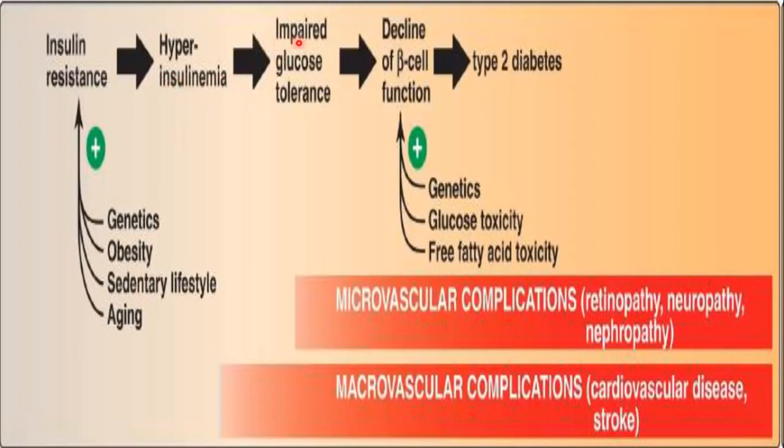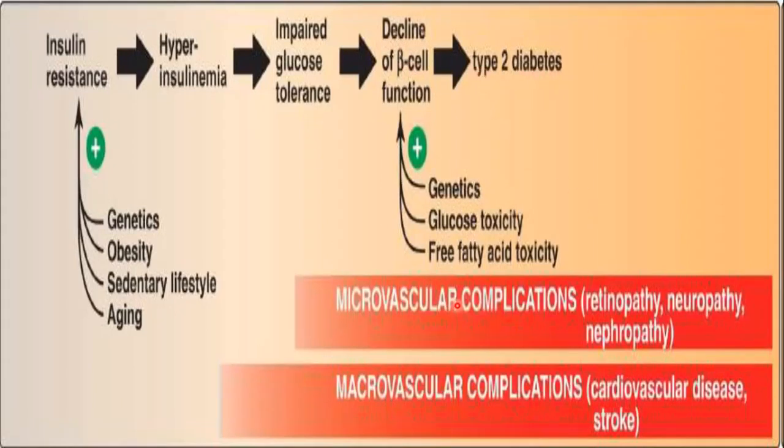But with time there is impaired glucose tolerance, leading to hyperglycemia, causing a decline in beta cell function, which can also be accelerated by genetics, glucose toxicity, free fatty acid toxicity, and pro-inflammatory factors.